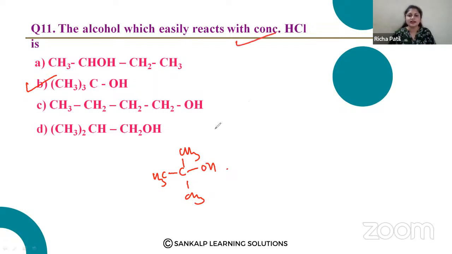You can see A is secondary alcohol, B is a tertiary alcohol, and the others are primary alcohols. So tertiary will react more easily and faster with concentrated HCl. So the answer is B.